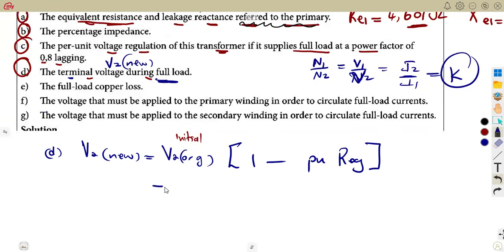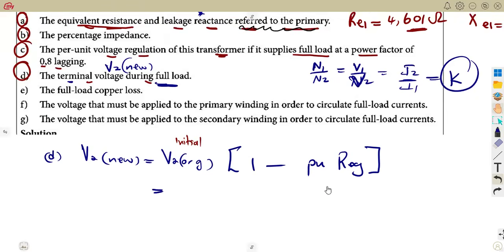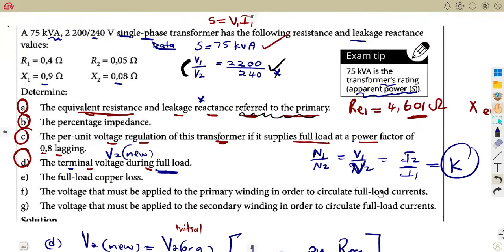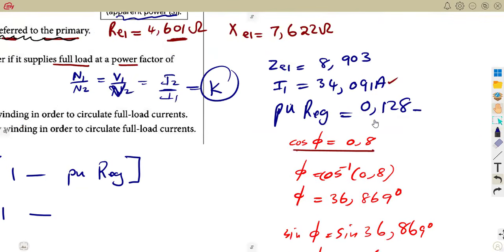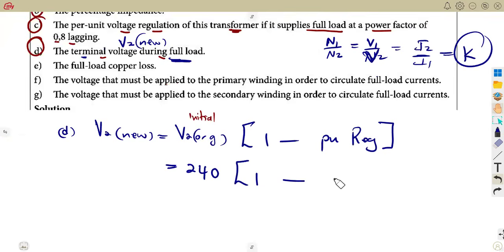So everything is there, guys. We have the V2 there. We're just going to substitute V2, 240, into 1 minus per unit regulation. You calculated this: 0.128. Remember this per unit regulation that you had, 0.128.